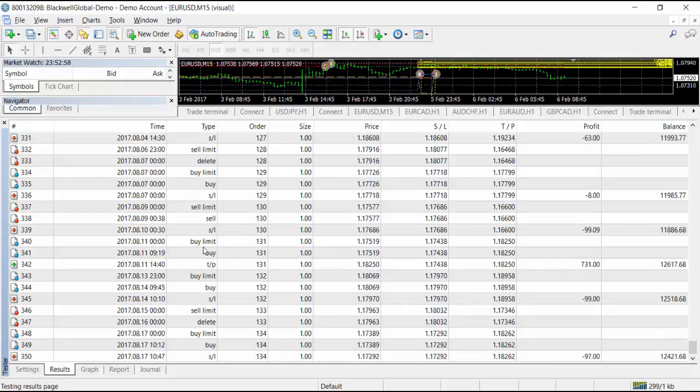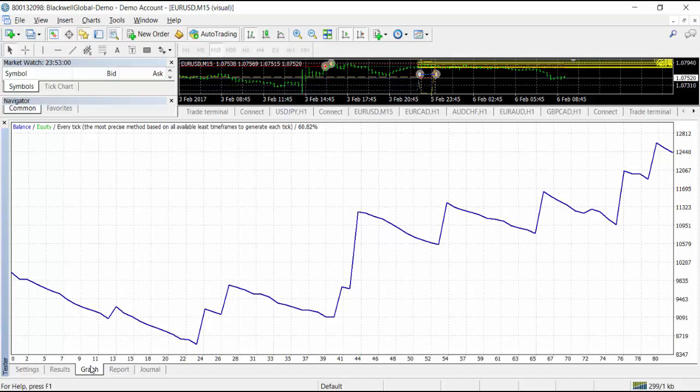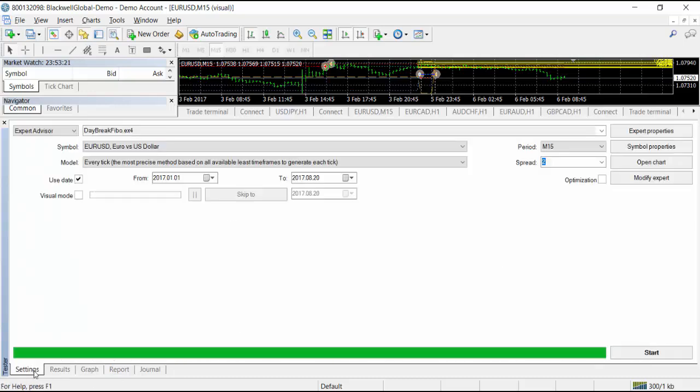You see, we have 350 trades, and the performance is actually quite all right in that time frame. It has gone up. We have had a few setbacks. The first 24 trades look not very promising, but then it picked up afterwards.